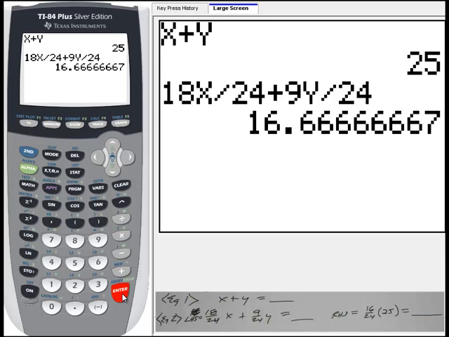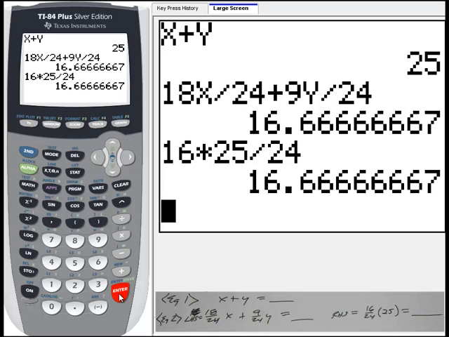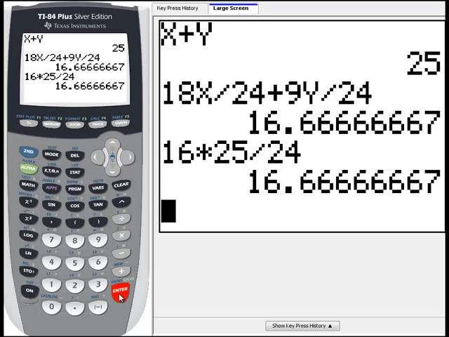Enter. The right-hand side of this equation is 16 times 25 divided by 24. Great, the left-hand side equals the right-hand side.